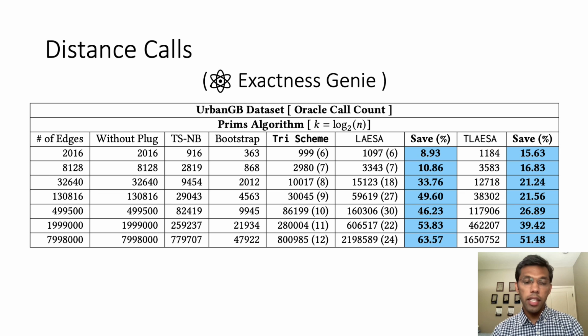You can see that there is an increase in save-up as the dataset size increases, and this is going to be very high as the number of edges in the dataset increases. We save close to 1 million distance calls using tri-scheme when compared with LESA or TLESA, as you can see in the last column. So distance save-ups are very high using our practical algorithm tri-scheme.